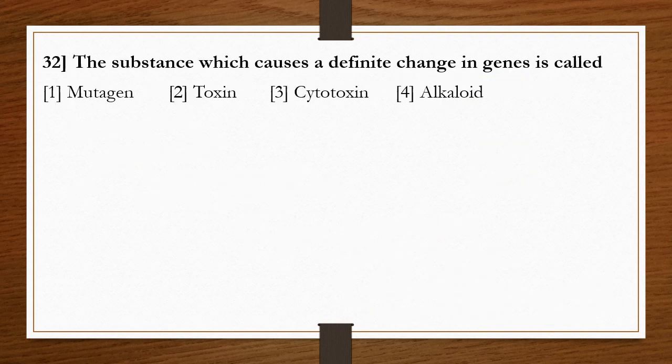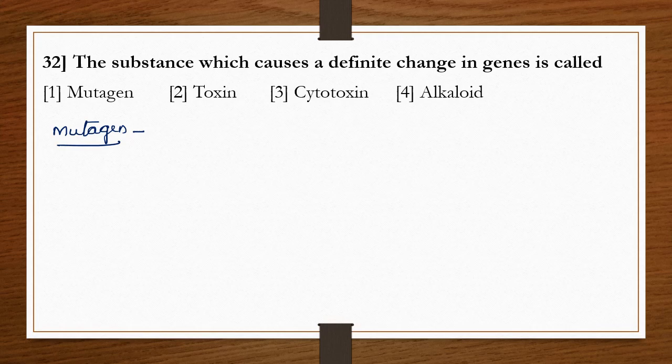Question number 32. The substance which causes a definite change in genes is called: options, 1 mutagen, 2 toxin, 3 cytotoxin, 4 alkaloid. So now let's see the meanings of these terms. So the first one is mutagen. So what is meant by mutagen?